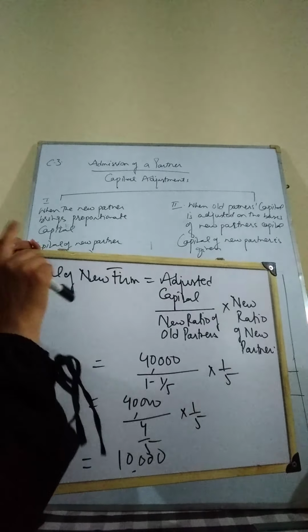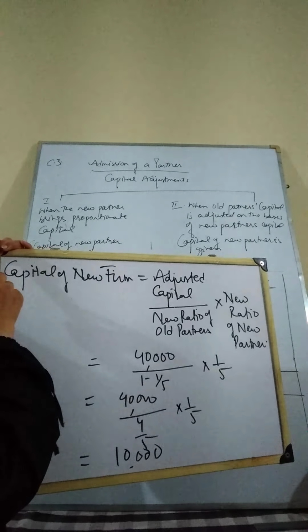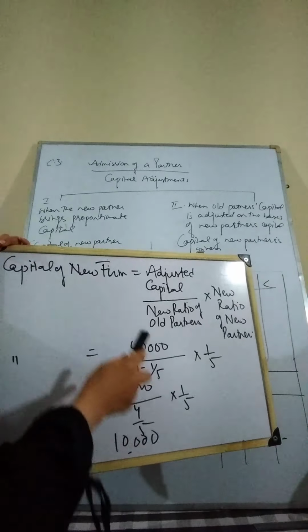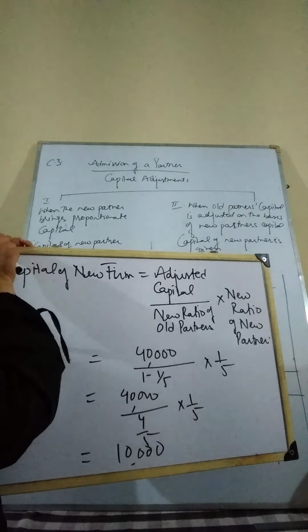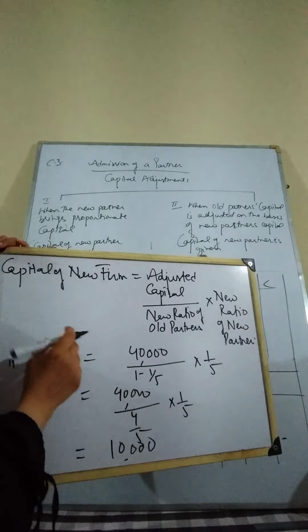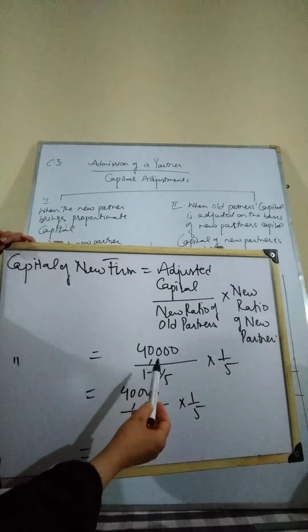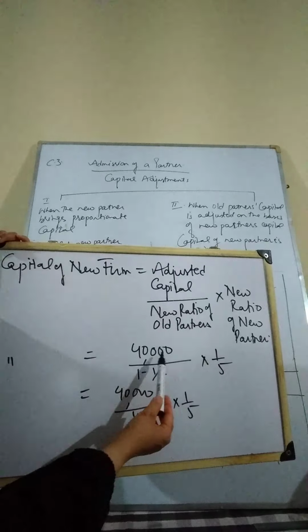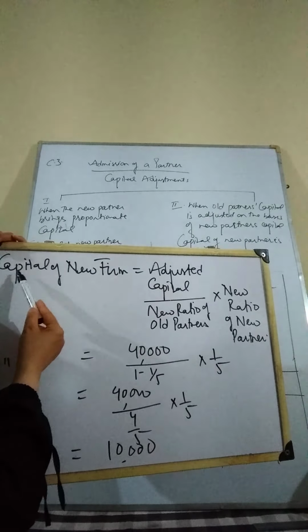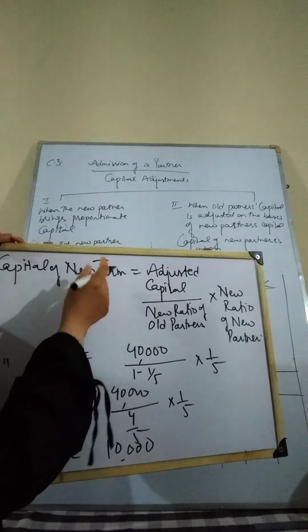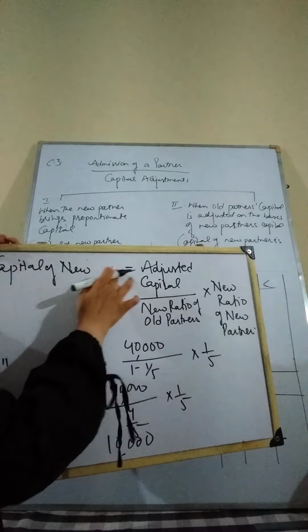And after that, we are going to go with the capital which is adjusted for both the partners A and B, that is 40,000. Rather, I should mention it, capital of the new partner I shall write.